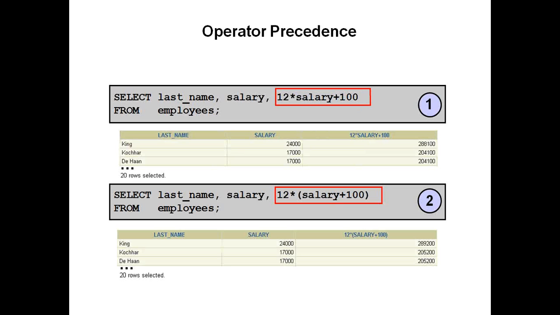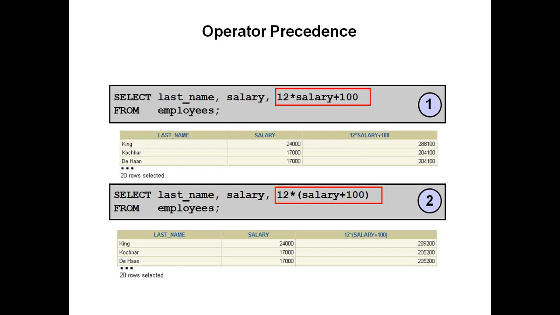And the next one we have is operator precedence. Suppose I have a select query like what is showing on the screen, like 12 into salary plus 100. In that case you have 2 arithmetic operators there: one is addition and the other is multiplication. Now if you have only one arithmetic operation, then definitely Oracle will perform fine.